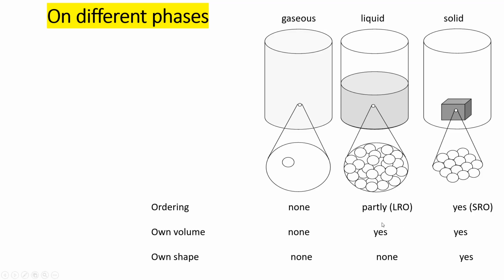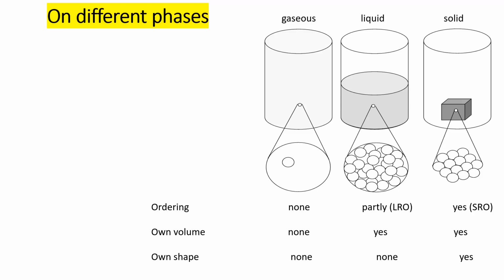Now, what if we evaporate the liquid? Then we have a gaseous phase or vapor, which has no ordering, no own volume, no own shape. No ordering means the gaseous phase has no structure at all. That is why in one system we have only a maximum of one single gaseous phase.